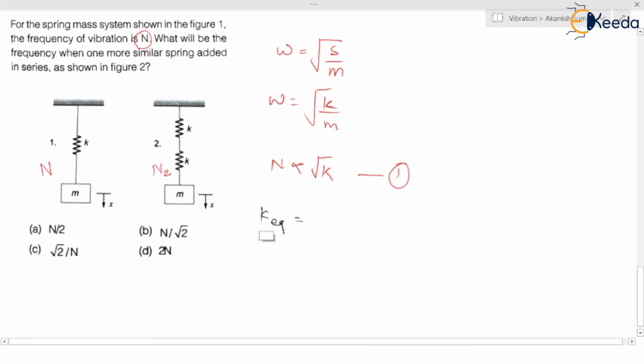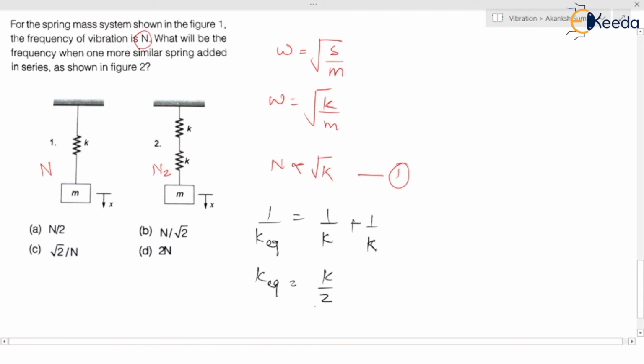This is a series connection, so we all know that in the series connections, we can calculate k equivalent like that. k equivalent is equal to 1 upon k plus 1 upon k, because in the parallel connections, both will be added. Okay, but here this is not a parallel, this is a series connection, so we can calculate the k equivalent like that. So when you calculate this, you will get the k equivalent value as k by 2. Okay, so this is the spring constant for the second figure.